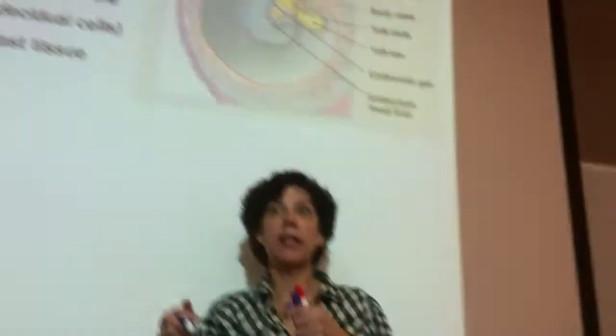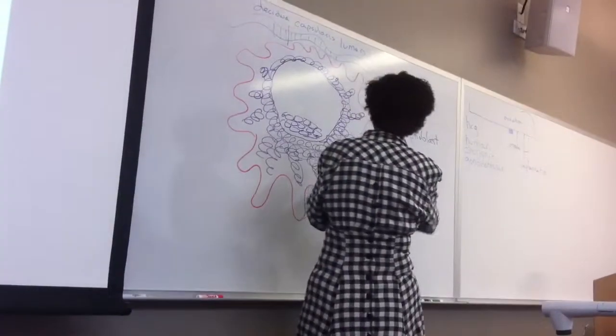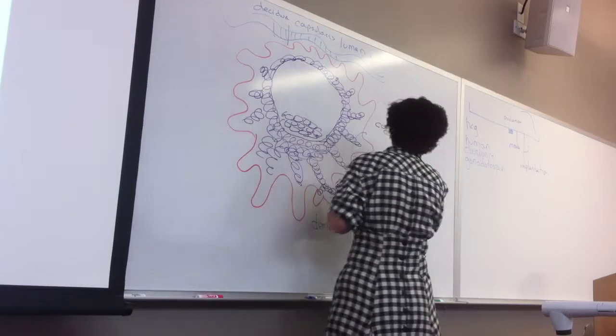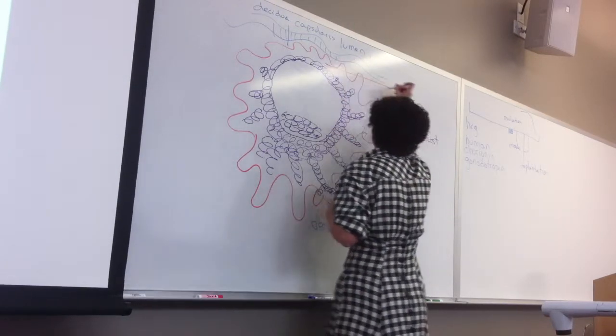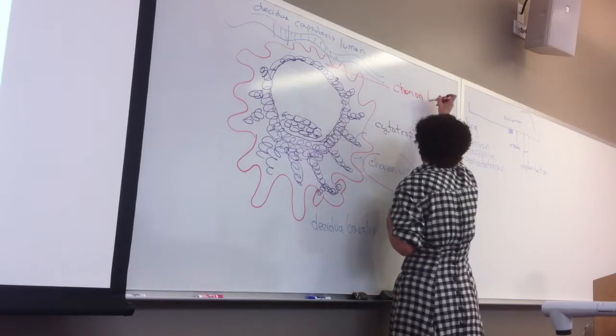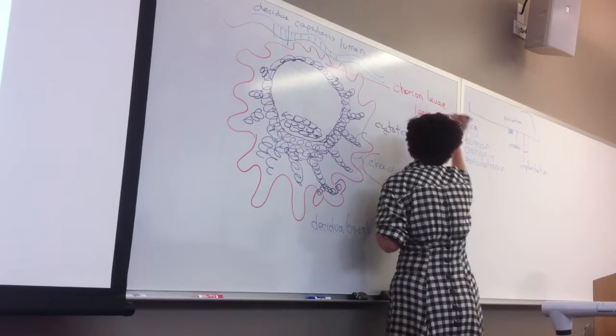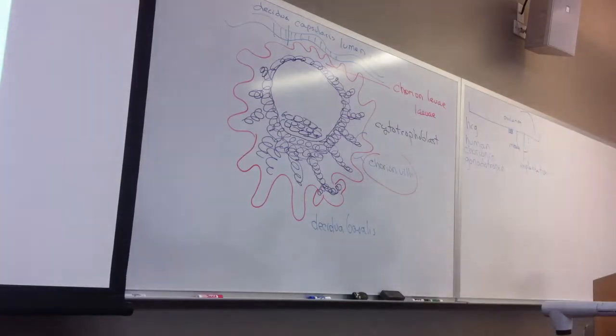So chorion is fetal tissue, decidua is maternal tissue. Up here, it's known as chorion laeve, and it can be spelled like that, or like that. And it means smooth.